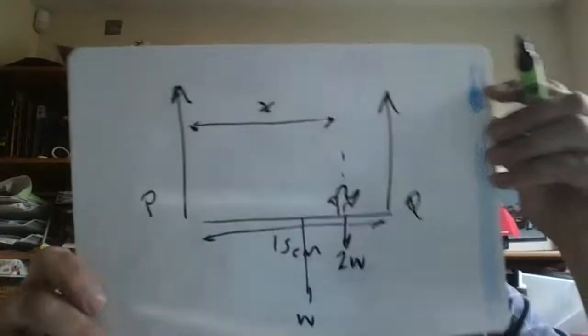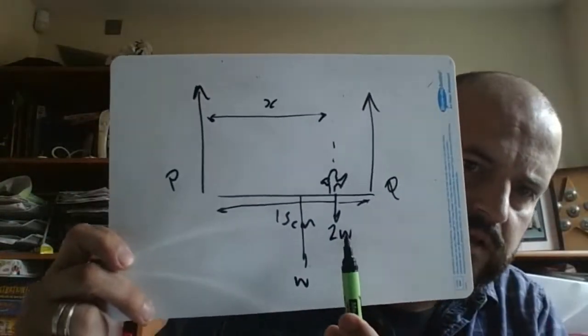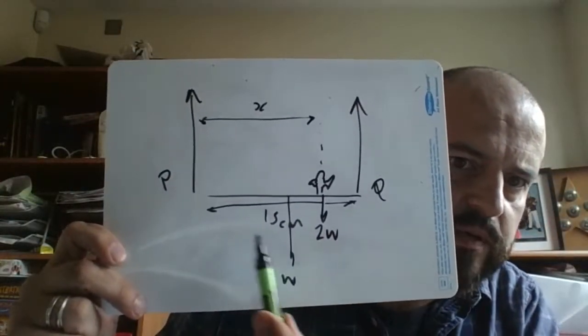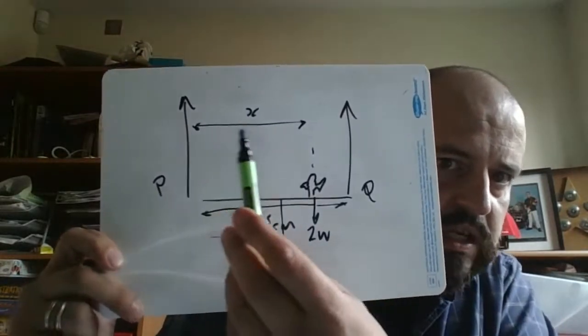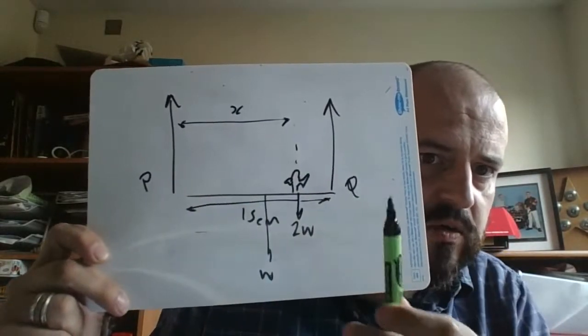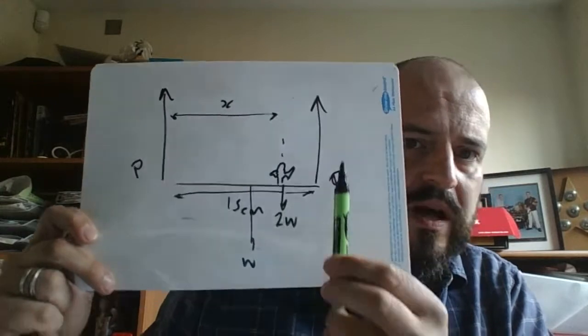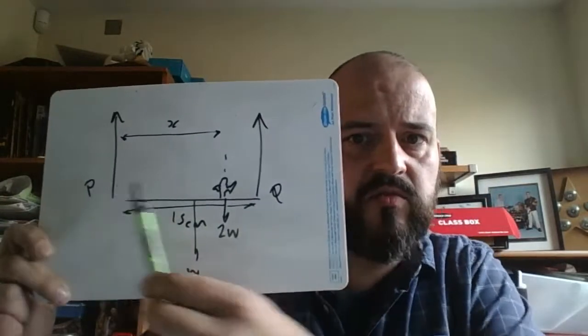The rod itself has a weight W, and the bird is a distance X away. So we've got something like this. So the bird's 2W, the rod is W, 15 centimeters across here. What is X? And what we're told is that Q has a tension that's twice as great as P.